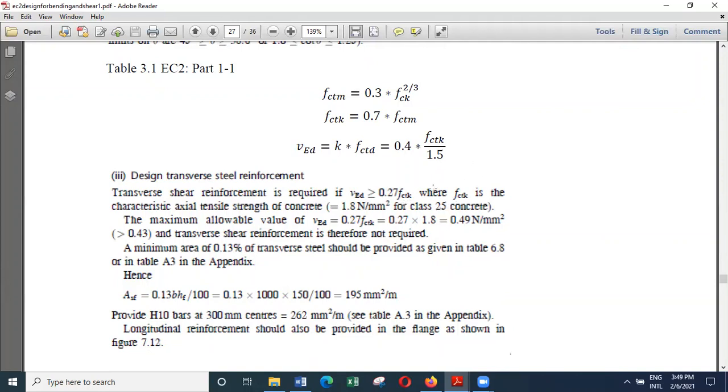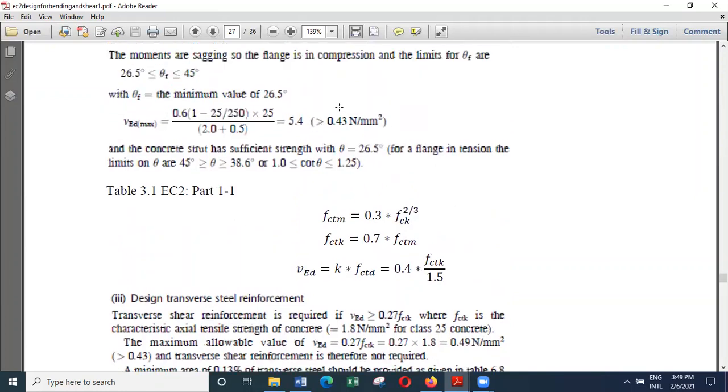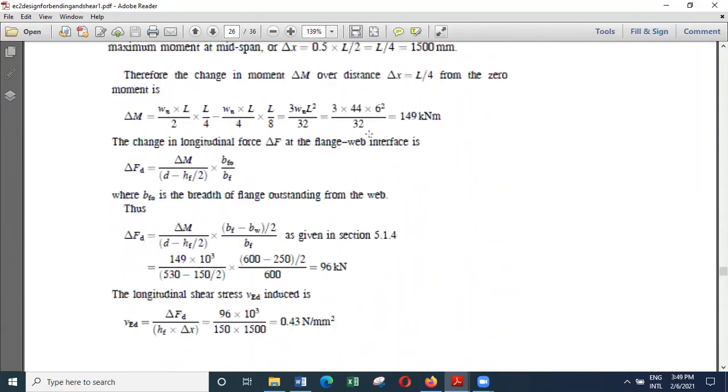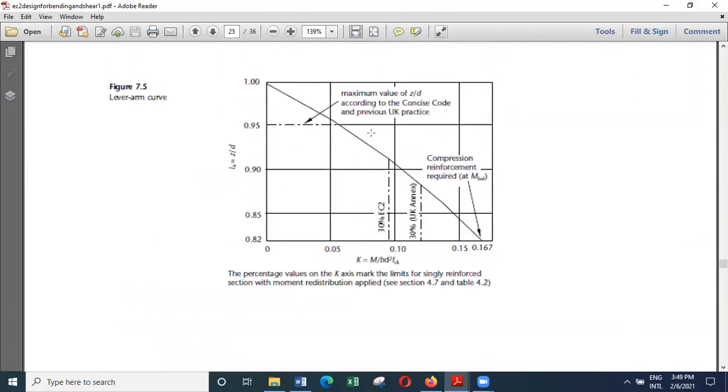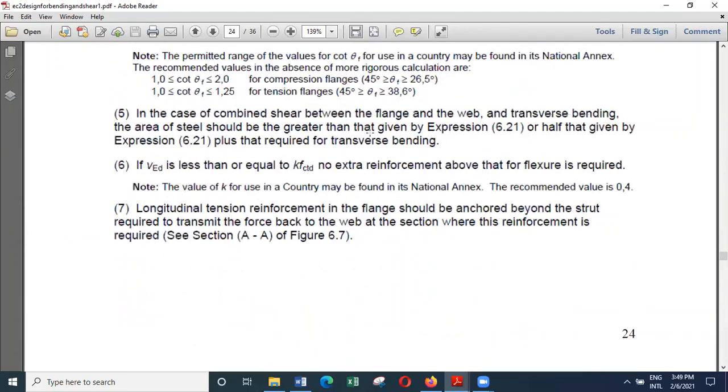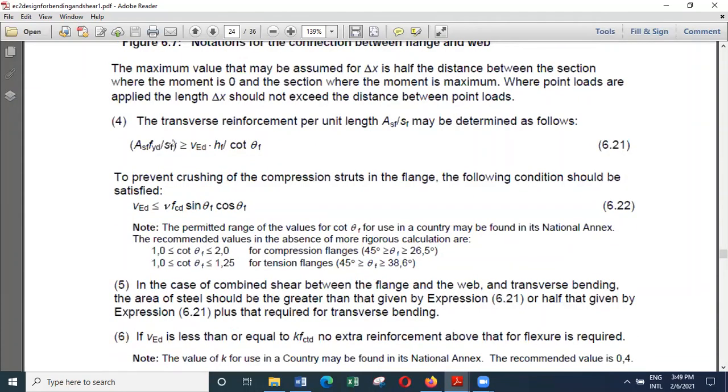And if this value is about 1 rather than 0.49, then we have to design the reinforcement. What we do is we substitute in this equation as 1, and then the area of reinforcement, generally if you are using 10 millimeter bars in the slab, is 78.5 millimeters squared.